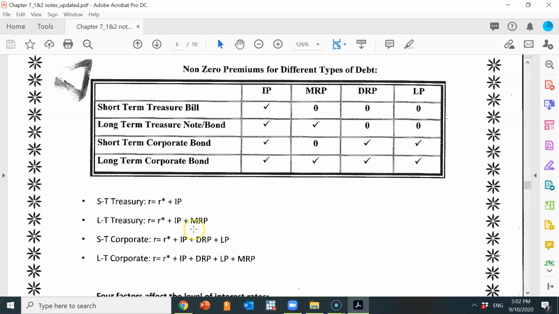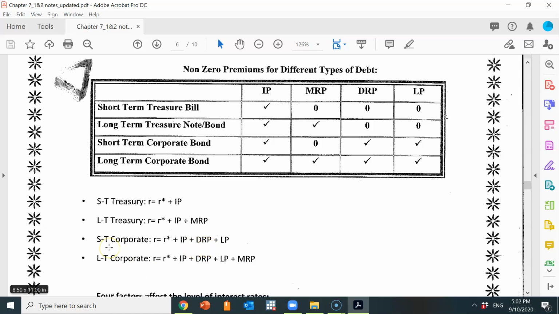For long-term treasury, however, we need to add one more premium, which is maturity risk premium, because it's long-term. And because it's treasury, it doesn't have default risk premium or liquidity premium. For short-term corporate, because it is short-term, it doesn't have MRP. And because it is corporate, it has DRP and LP.